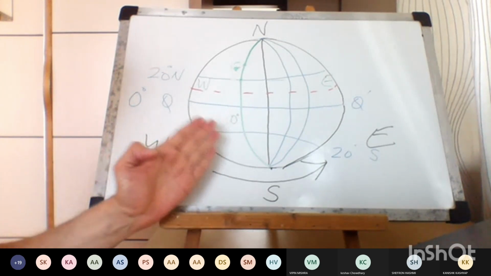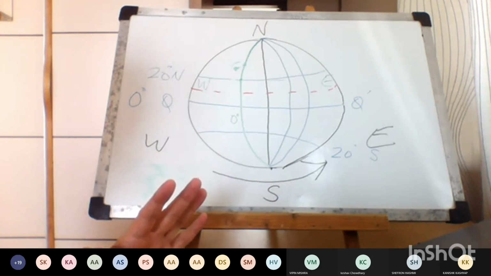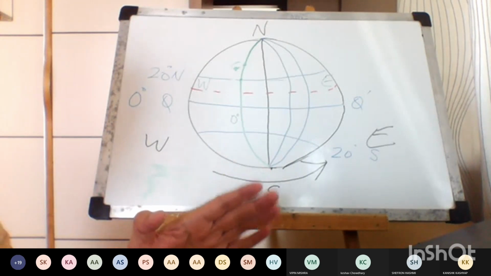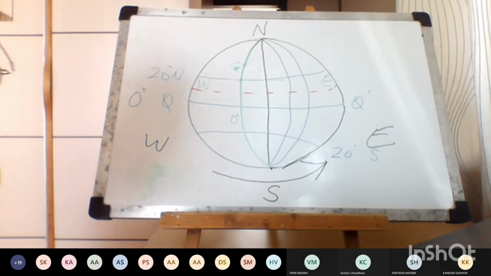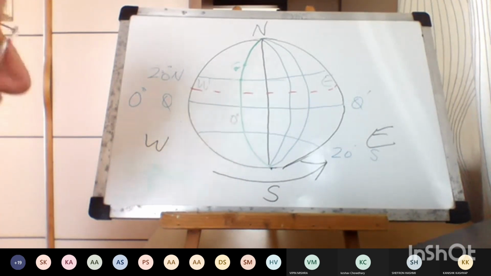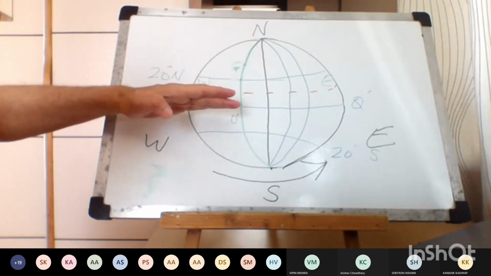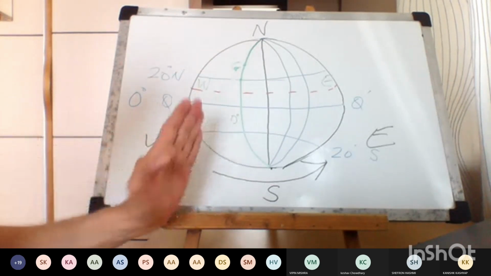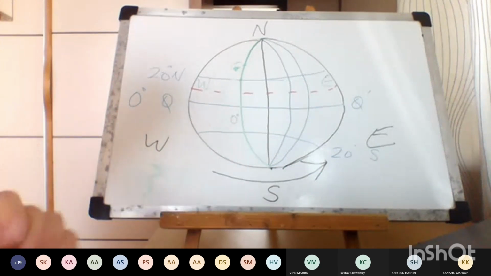And the meridian opposite to zero, we call 180 degrees, because after 179 east we say 180, and after 179 west we say 180. So now we have divided the Earth into two halves, the northern and southern hemispheres, and vertically the eastern and western hemispheres.